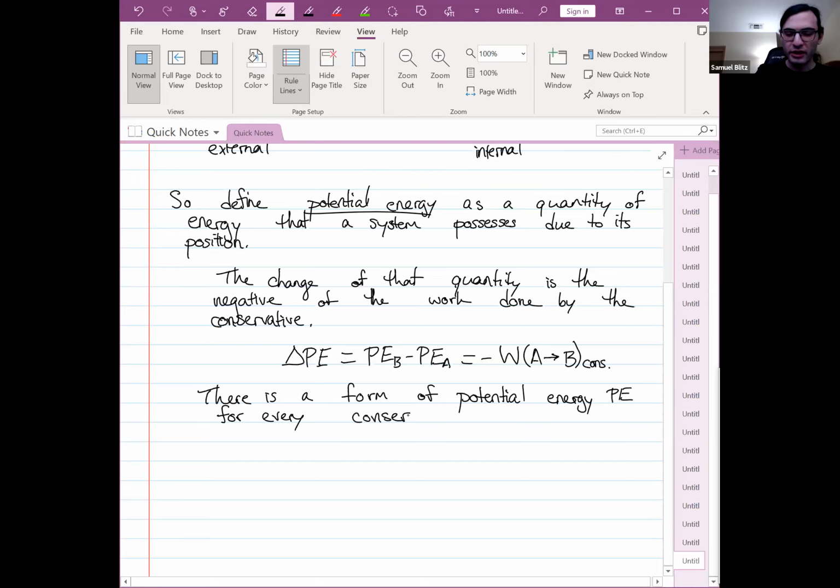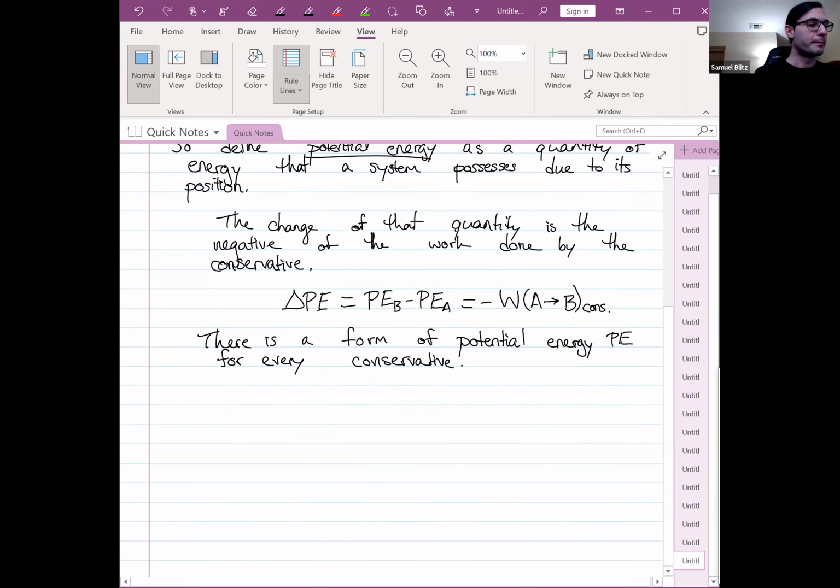That's because if you can associate a number with a position, then you can find the difference in those numbers, and because the work only depends on a change in position, you can relate that difference of potential energy numbers to the work done. We're going to get to that. So in particular, to answer your question, it does not make sense, and in fact we cannot define potential energy for non-conservative forces.